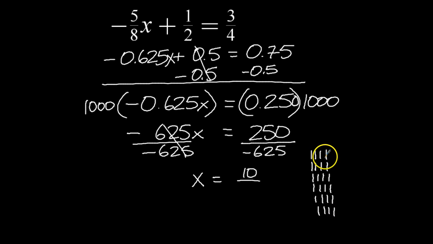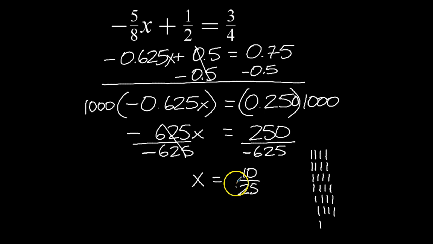So this is 100, 200, 300, 400, 500, 600, so I've got 6 hundreds, 6 times 4 is 24, plus 1 more 25. So 25 25s.